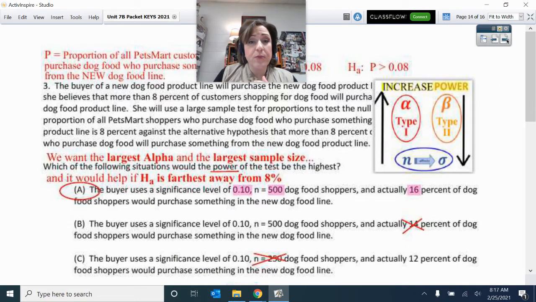All right. So number 3, I kind of went through some thought processes. First, when I saw this, I thought it was going to be, again, doing a power definition, but it ended up not doing that. Now, here it just basically said, which of the following situations would power be the highest? So on that, then what I'm looking for is, so see what I did was I kind of pulled in this graphic right here.